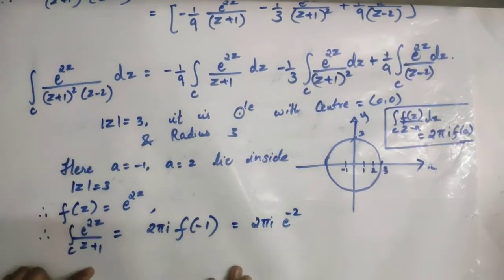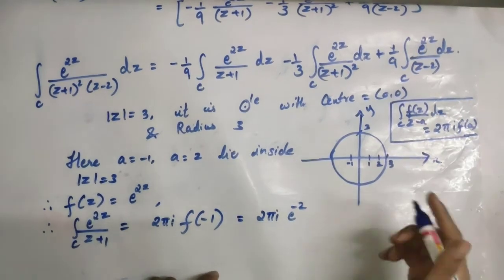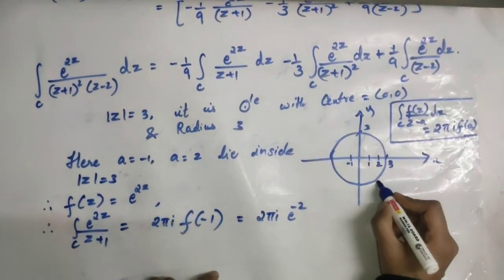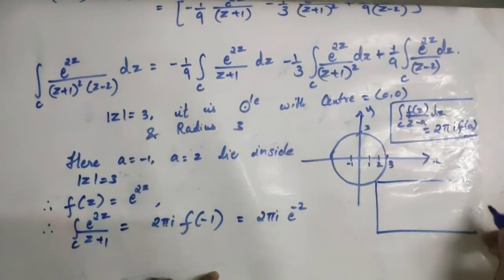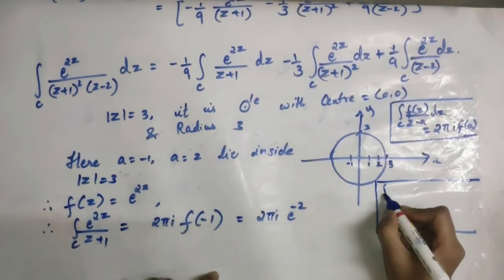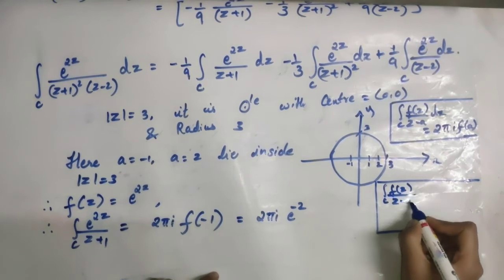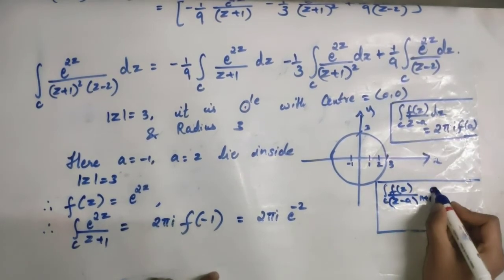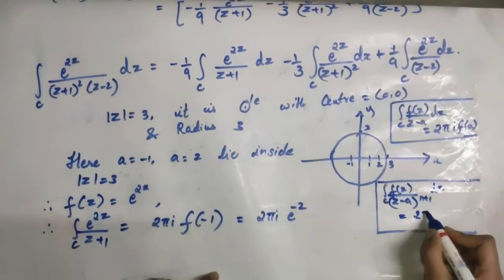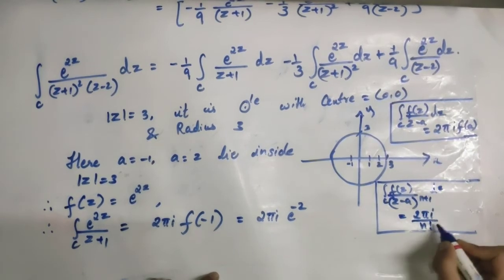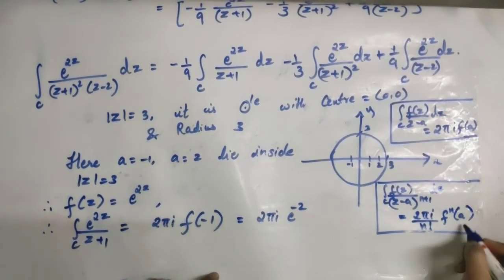Now the second part. I have to write Cauchy's generalized integral formula here. I'll write it in a box so that there is no confusion for you. The integral over the curve C of f(z) divided by (z-a)^(n+1) dz is equal to 2πi divided by n! times the nth derivative of f at the given point a.